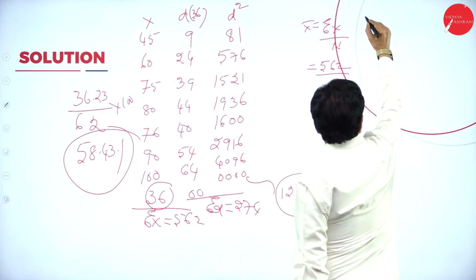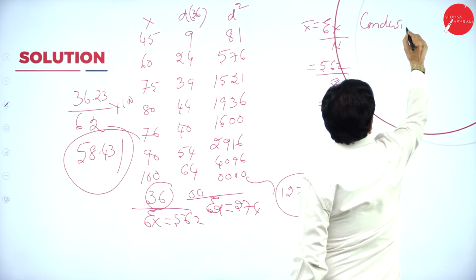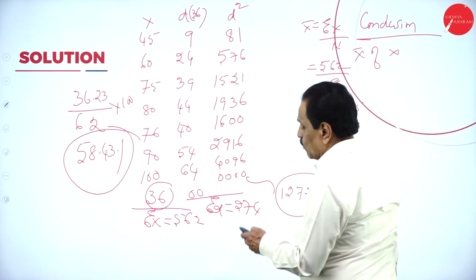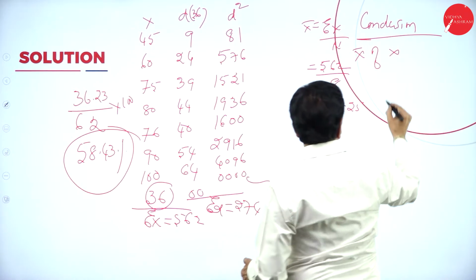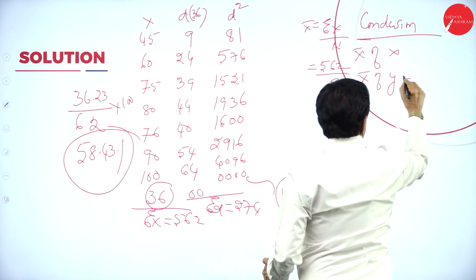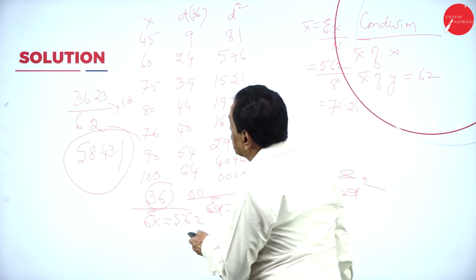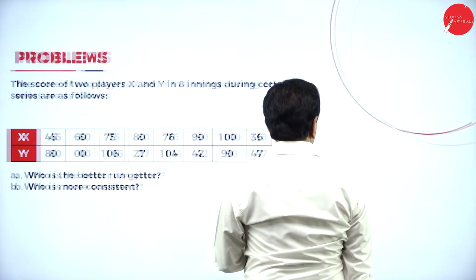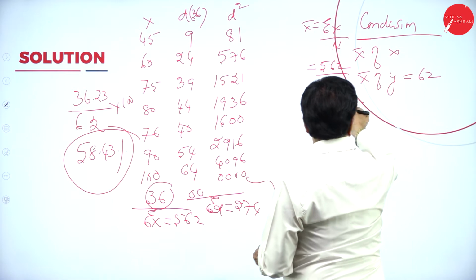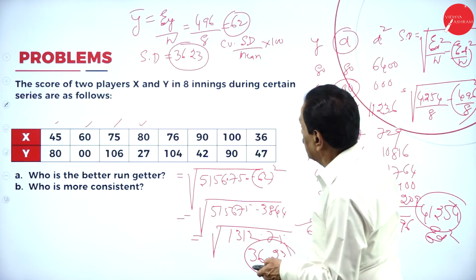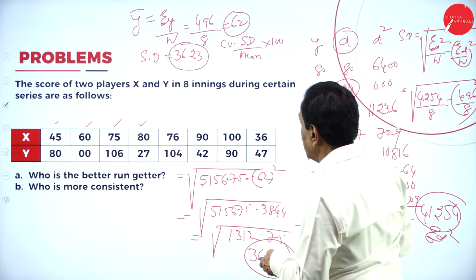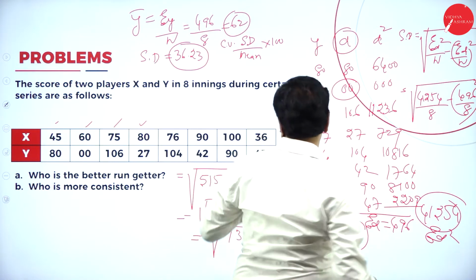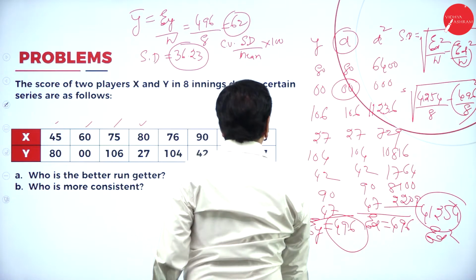We'll get the conclusion. Mean of Y is 62, with sigma D square and the standard deviation of Y you got.